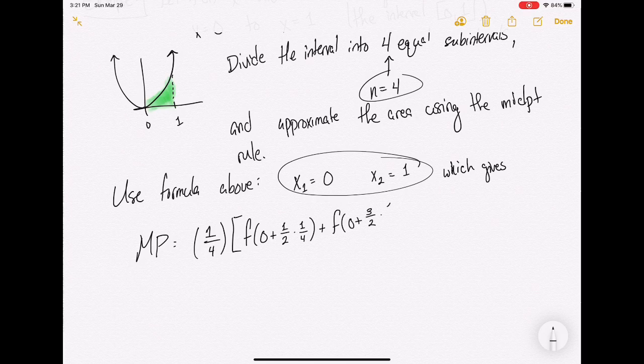Three halves times 1/4. And I'm just going to keep stepping up. 0 plus 5/2 times 1/4. And actually, I know when I can stop here. 7/2 times 1/4.